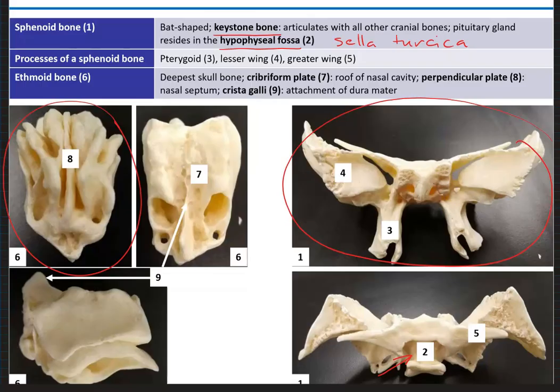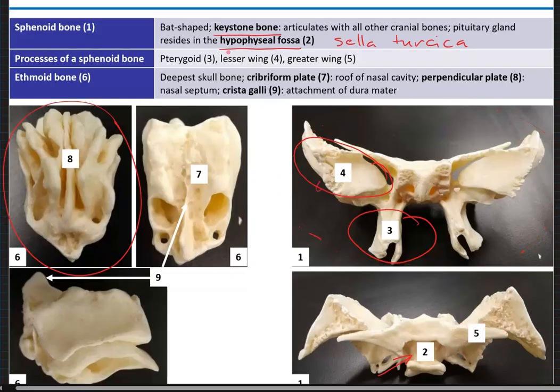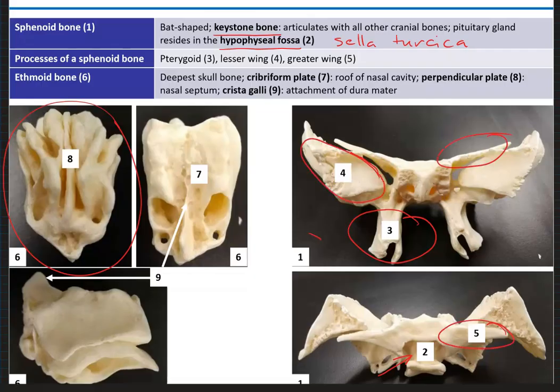This bone is prominent for several projections: so pterygoid process, lesser wing, and the greater wing. Actually, sorry, it's mixed up. So lesser wing will be this, number 5, and the greater wing will be number 4.